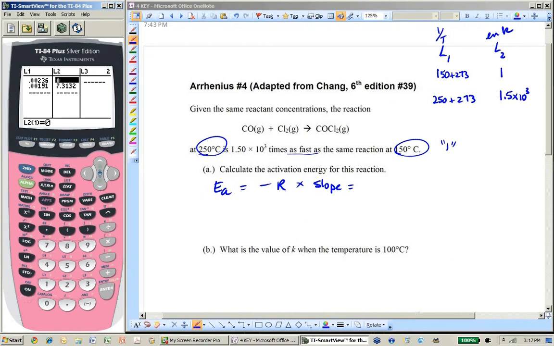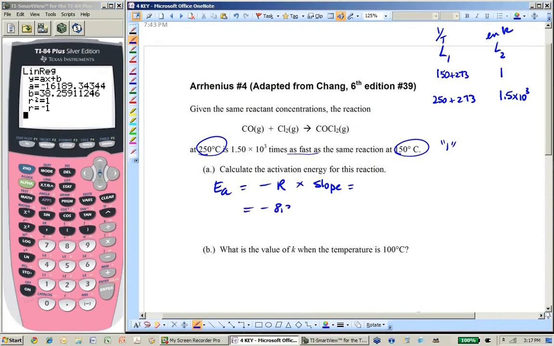So if I run the LinReg on this, stat, calc, 4, enter, there's what I end up with. Very nice. Notice the perfect R. So the slope is going to be equal to negative 8.31 times the negative 16189.3 and so on.